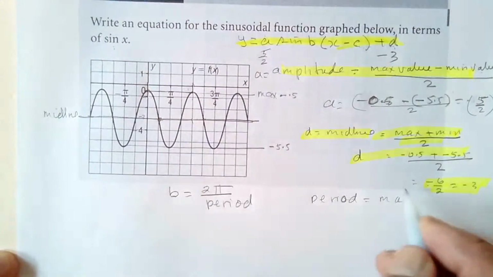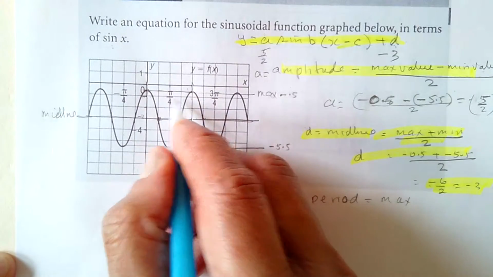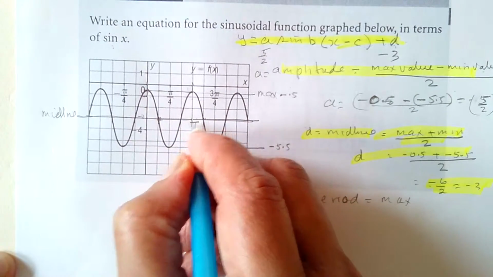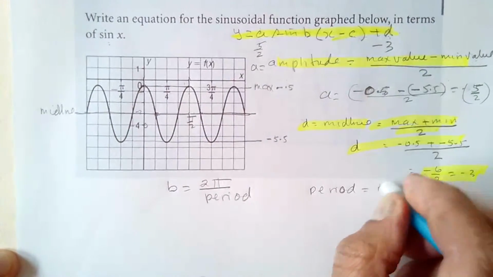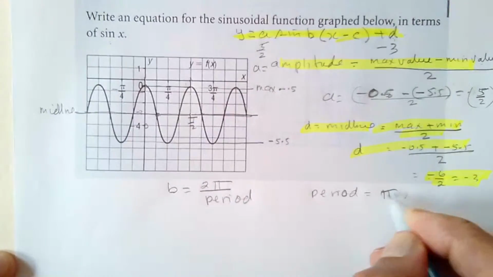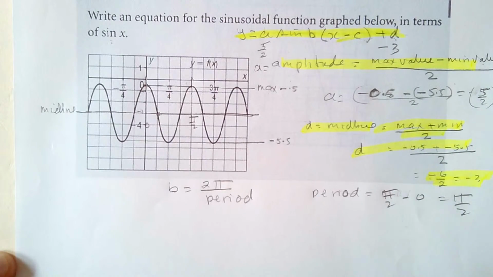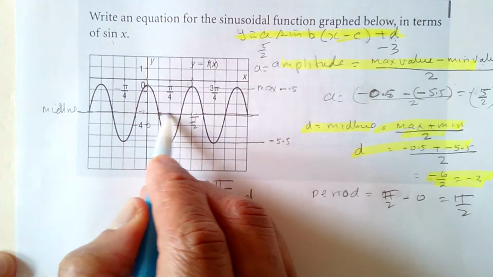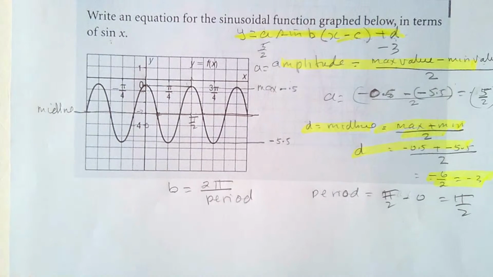So the horizontal point here, we have a quarter, which is pi over 2, or half a pi, and 0. So we have the length going to be pi over 2 minus 0, which is pi over 2. So this is the entire length from here to here. This is pi over 2. So you have a period of pi over 2.